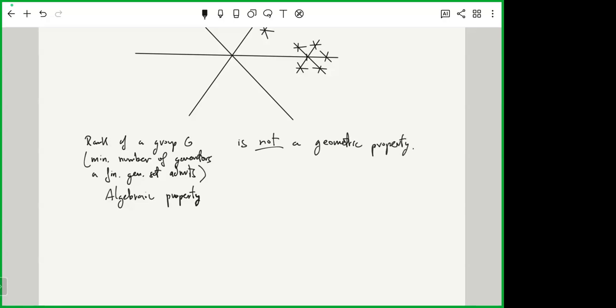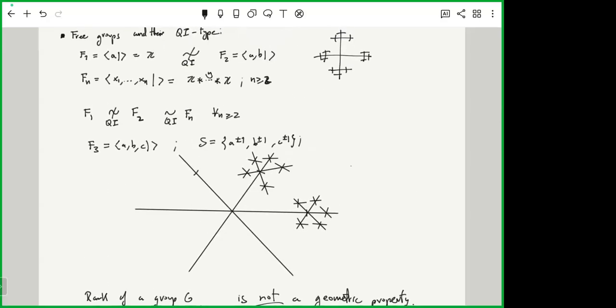So it is not something you would study in coarse geometry or in geometric group theory. Why? Well, because again, these two spaces look the same as metric spaces from far away, but their ranks are different. The rank is different.